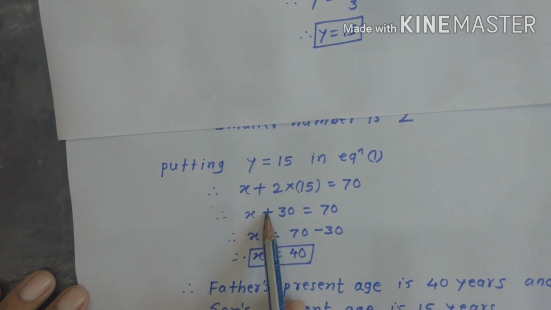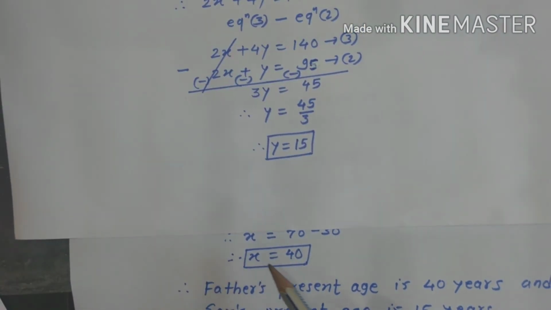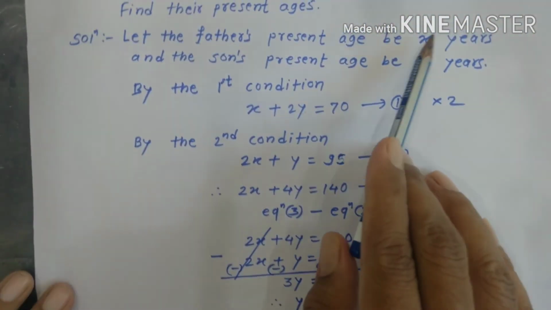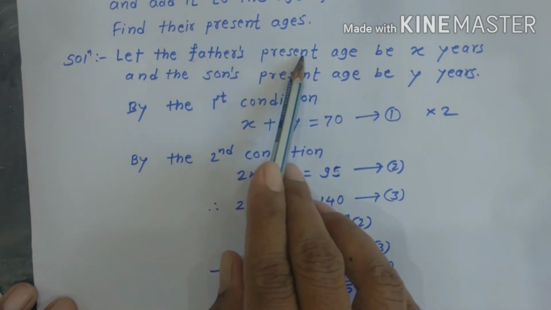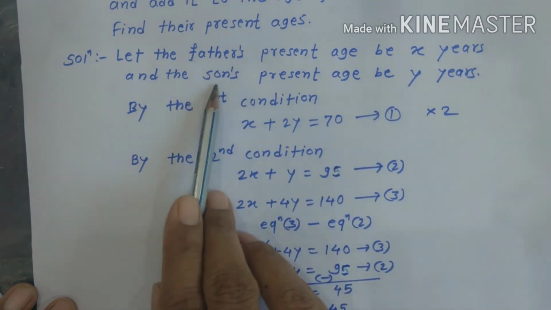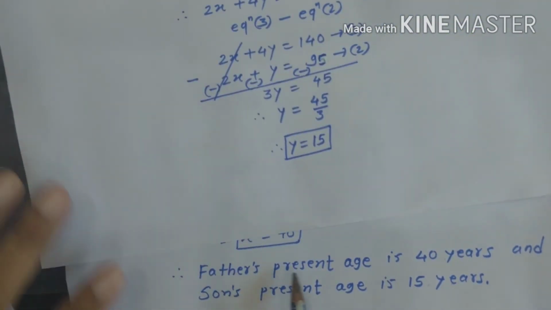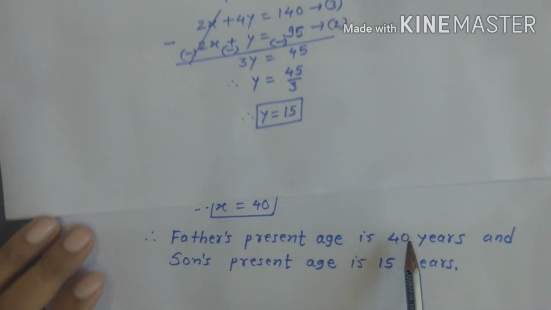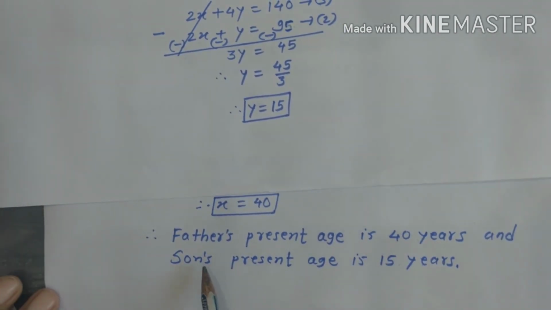Therefore plus 30 becomes minus 30. x equal to 70 minus 30, that gives us 40. We have considered x for the father's present age and y for the son's present age. Therefore father's present age is 40 years and son's present age is 15 years.